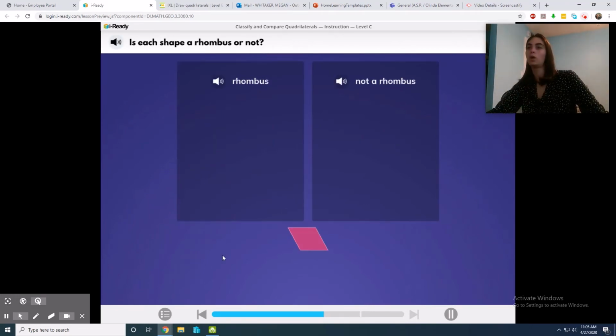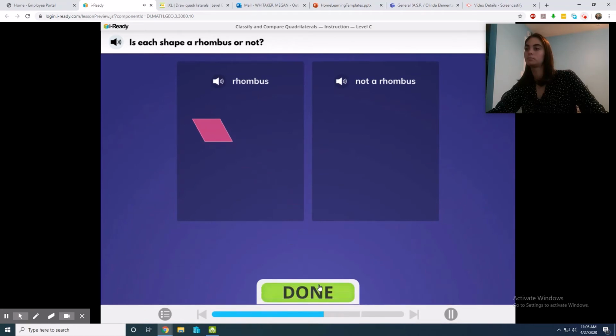Okay, so let's look at our rhombus. Not all 4 sides of this parallelogram are the same length.